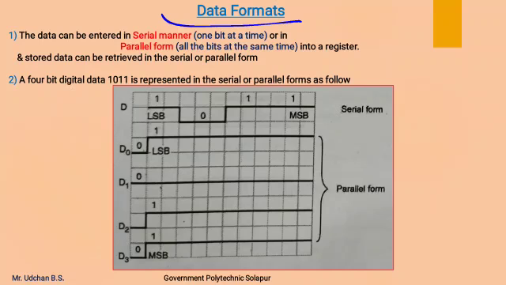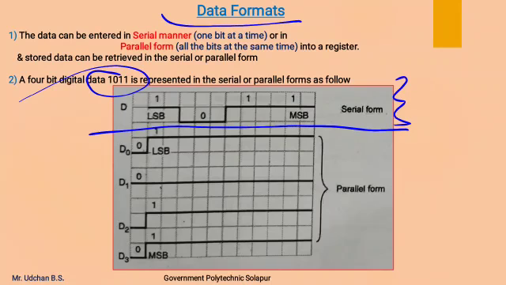A 4-bit digital data, that is 1011, is represented in serial and parallel form in the following waveform. This is for serial form, in which 1011 has been shown for different intervals of time.